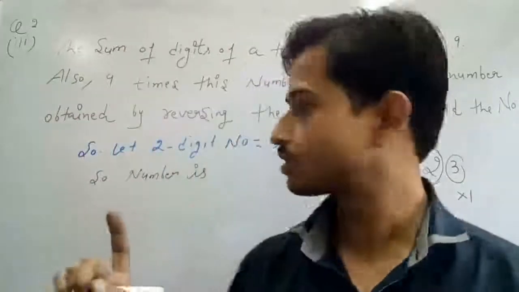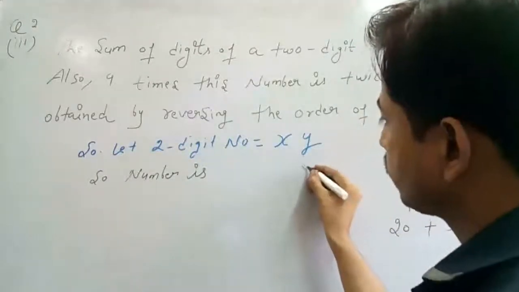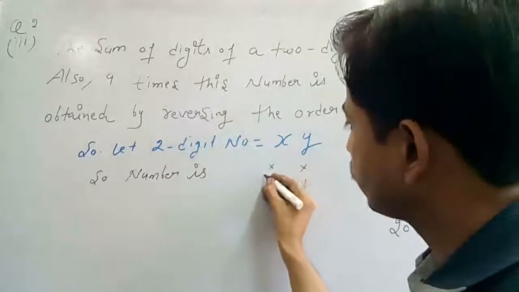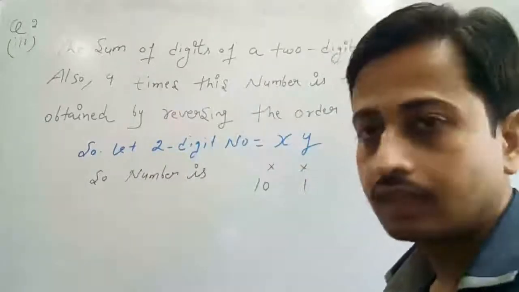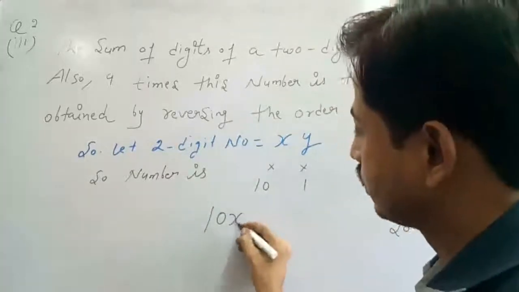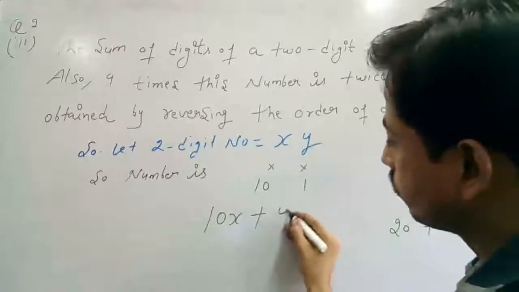So we have to do the same step. This is your ones place, so we multiply it with 1, and this is your tens place, so we multiply it with 10. So 10 into x we get 10x, then we take a positive sign, and y into 1 we get y.